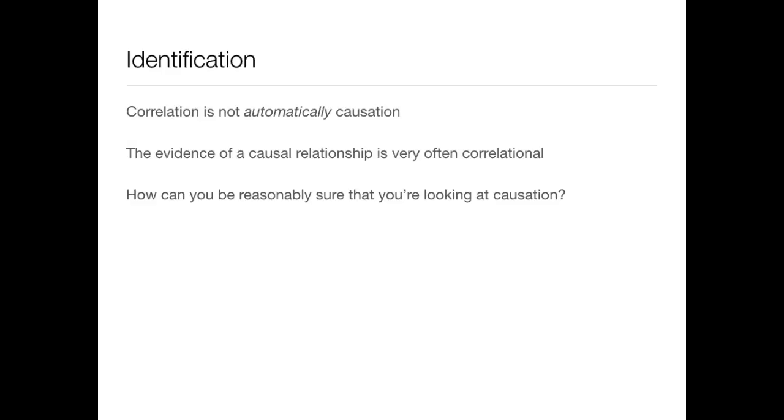Well, simply put, when we look for correlations, especially in observational data, we all know in the back of our minds that when you find a correlation, it doesn't automatically translate into a causal relationship. It isn't automatically evidence of a causal relationship.